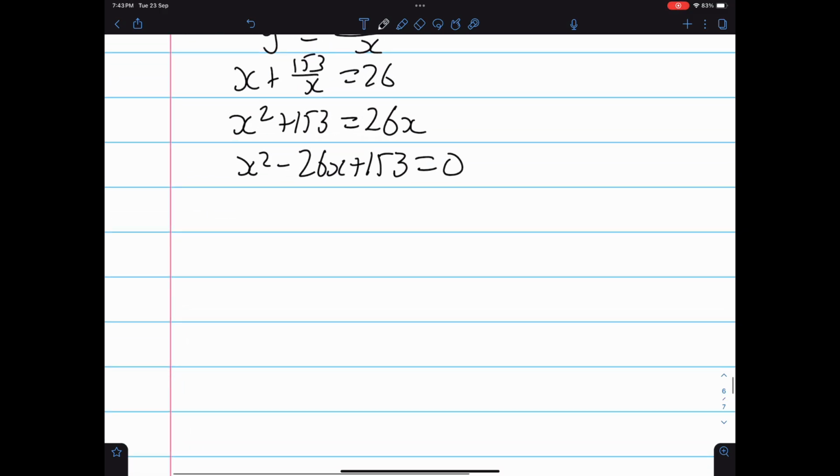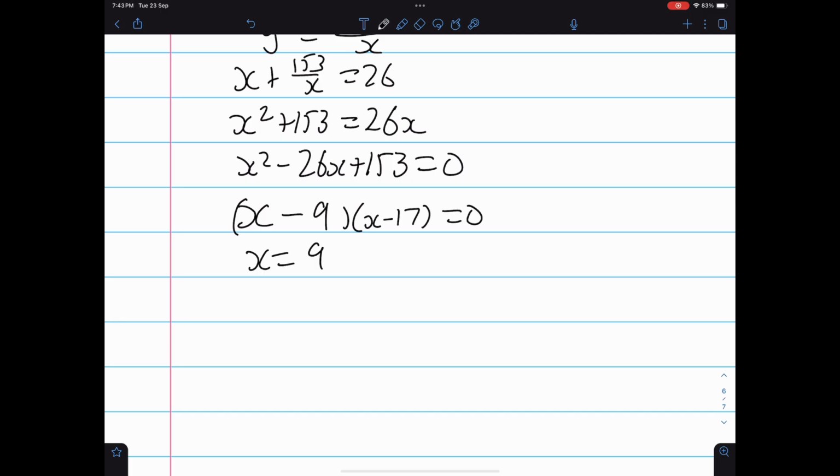Now this will just factor as x minus 9, x minus 17 equals 0. So x could equal 9 or it could equal 17.